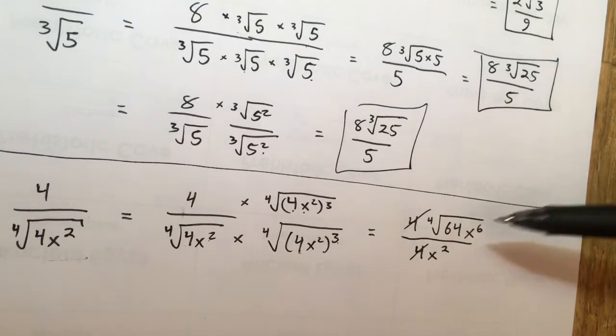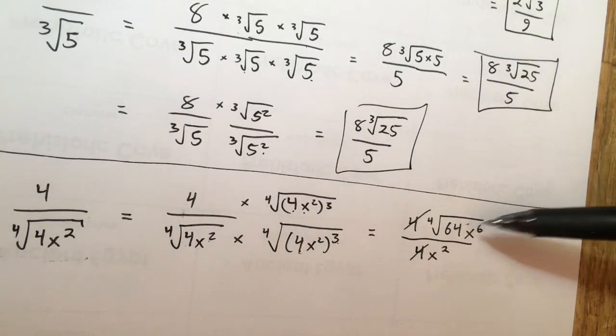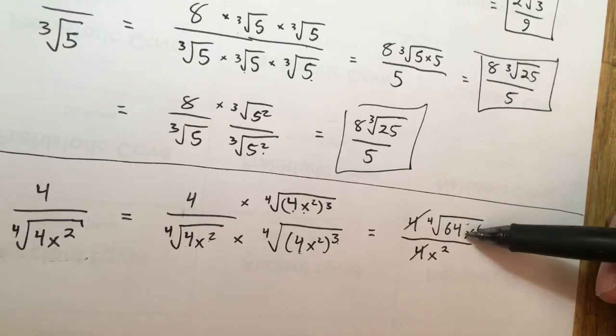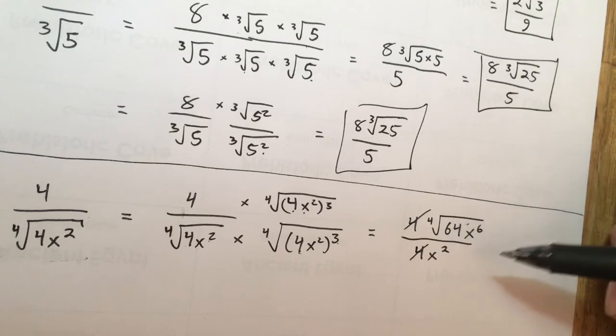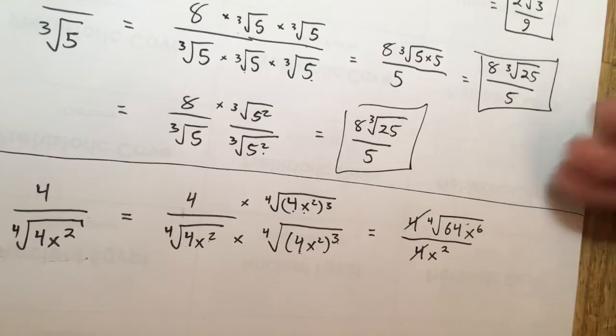What we want to do here is simplify this radical. And when you simplify a radical, if you're taking the 4th root, you want to find factors that are a power of 4. All right? 64 has a factor that's a power of 4. It has 16. Right? 16 is 2 to the 4th.